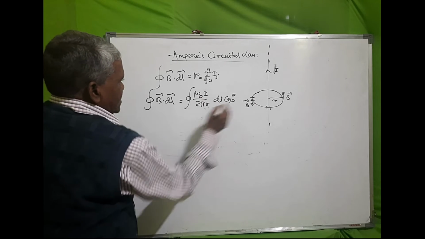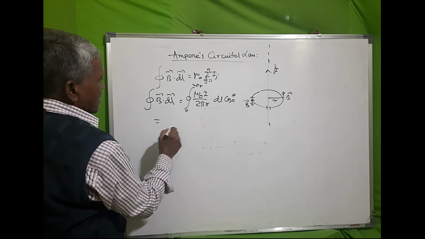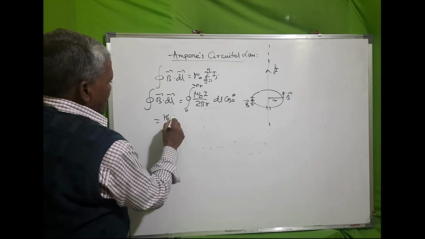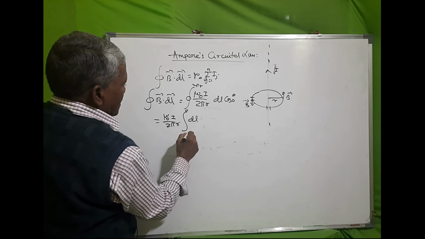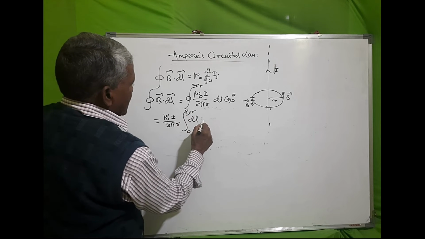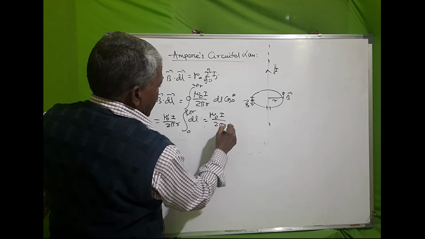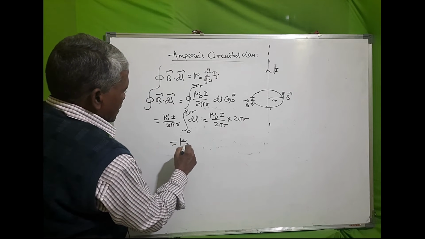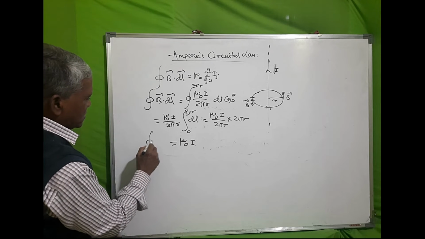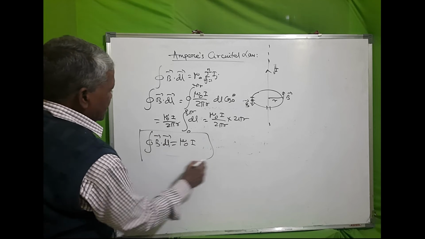Here the length is 0 to 2 pi r, so this is equal to mu 0 I by 2 pi r into the integration of dl, that is 0 to 2 pi r. So this is mu 0 I by 2 pi r into 2 pi r, that is mu 0 I. Thus the law is proved using Biot-Savart's law.